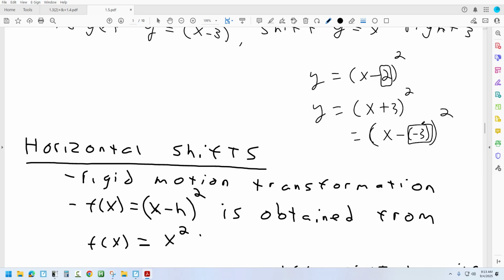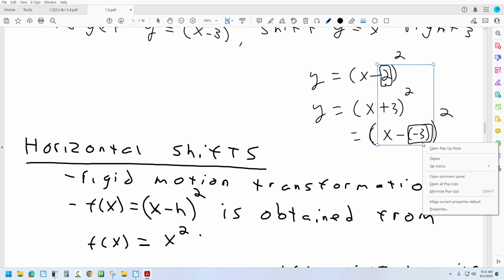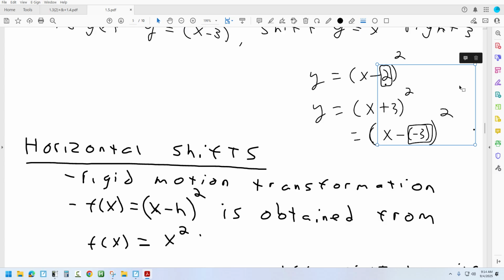So I always think of it as x minus, and then look at what is after the minus. Since that's a 2, it's going to shift it right 2. Since that's a negative 3, it's going to shift it left 3. So there's different tricks, whatever trick you want to use to keep that straight is up to you.